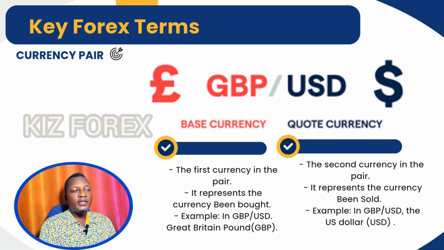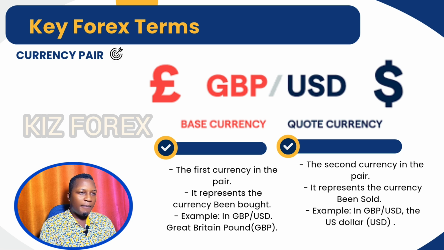As you can see on this graphical representation, this is an example of how currency pairs usually look. Now we have GBP USD, and the GBP right here is the base currency, while the USD right here is the counter currency. The characteristic of this GBP is that firstly it's regarded as the base currency, that is, you are buying this GBP.